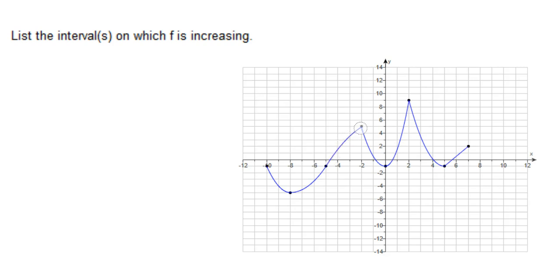Then we get to this value here, and now the y values are decreasing. Now increasing, and then decreasing, and then increasing.